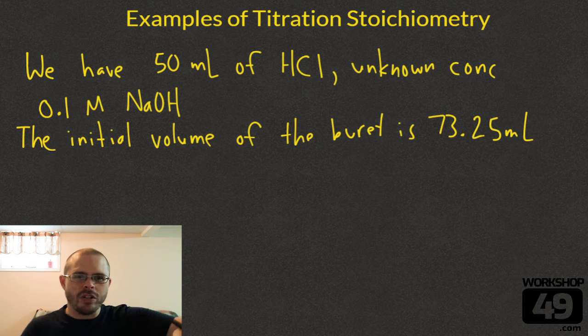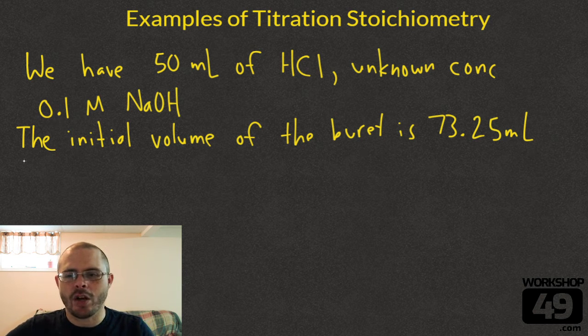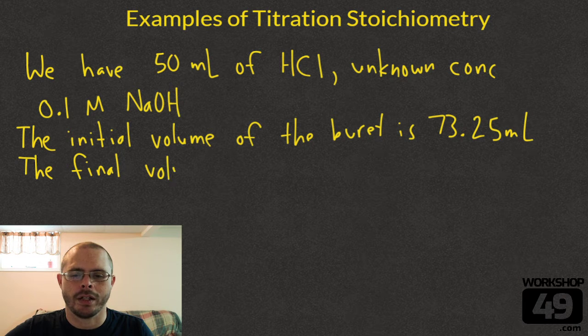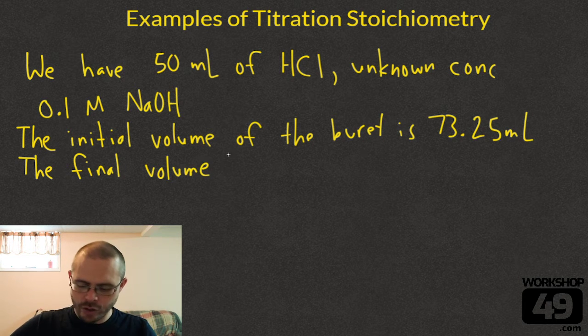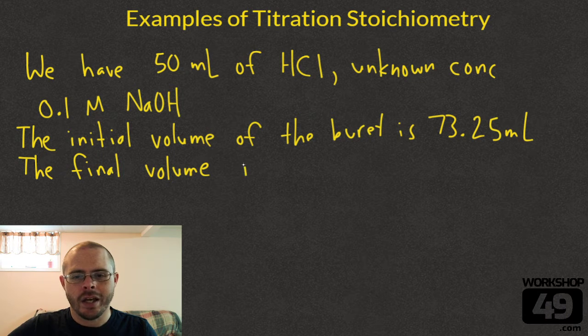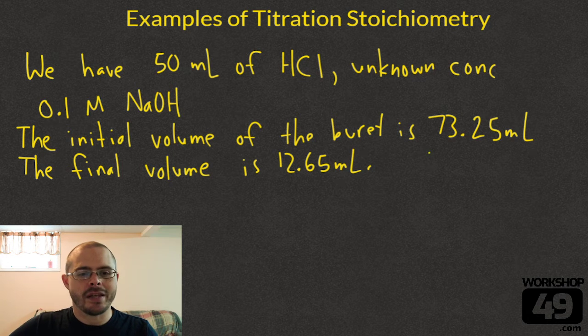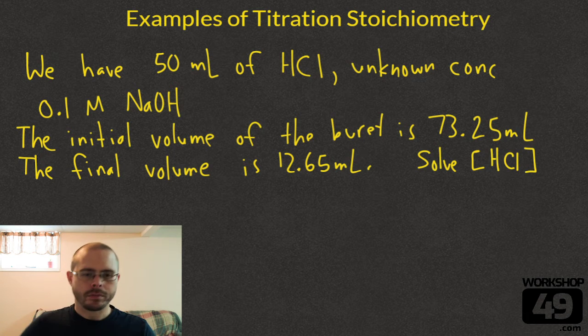And we go ahead, we do our little titration, we do our drip in the end, and we get to the very end, and the final volume, when we get that beautiful rose color, and I know that you can all do titration spectacularly, is 12.65 mL. This question would then say, solve the concentration of the hydrochloric acid.